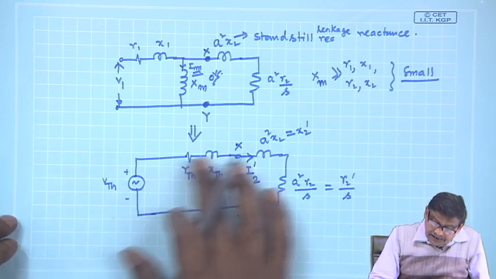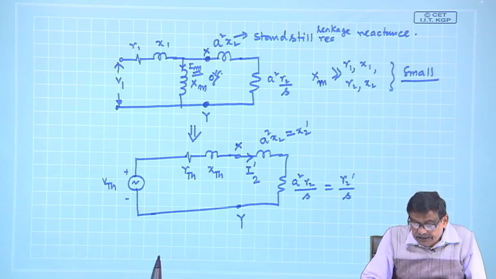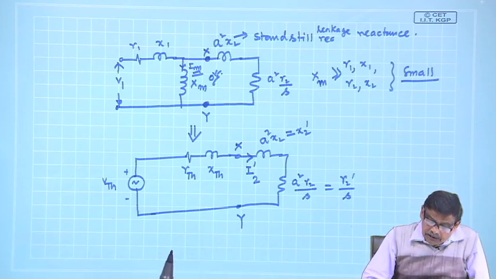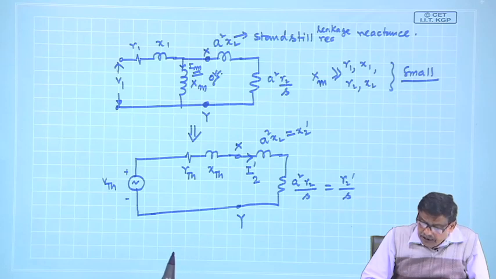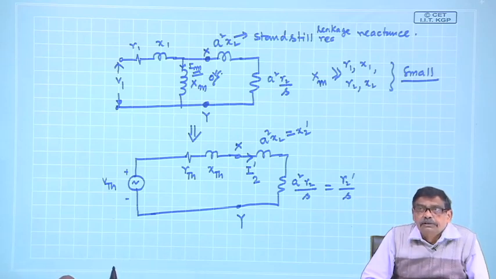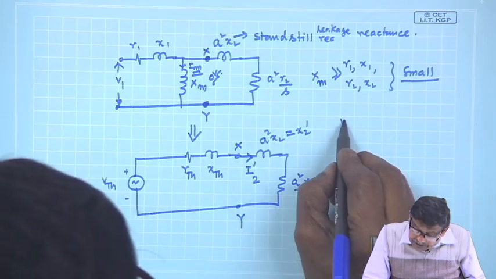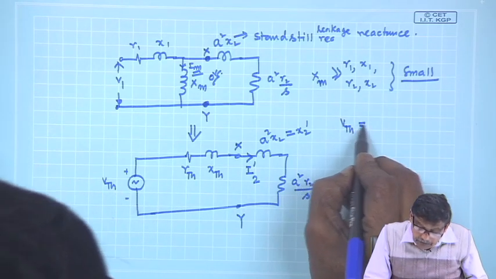Now, once I get this, and I assume that the motor is running at any slip S, I would like to find out the torque developed in the machine. Remember here, how much will this V Thevenin be?